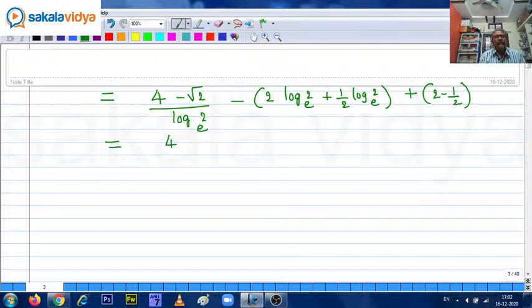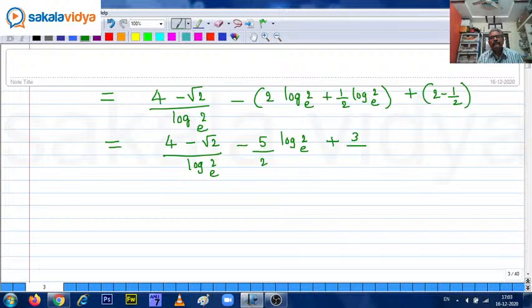So this is 4 minus root 2 upon log 2 base e, minus 5 by 2 log 2 base e, since 2 plus a half is 5 by 2, plus 3 by 2.